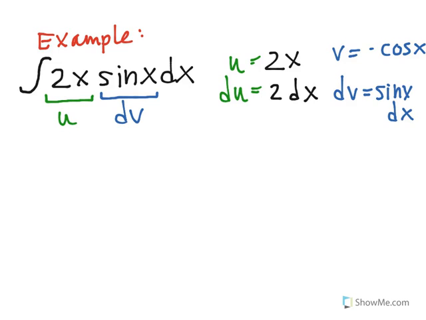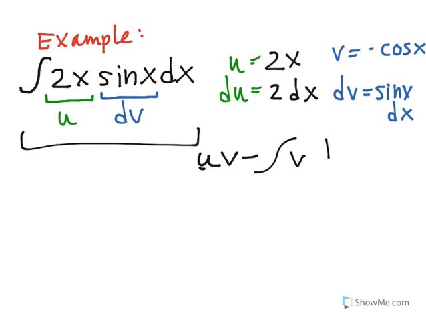Integral of u dv, no, I am so sorry. So this right here is the integral of u dv, and I'm just going to write the formula so we don't have to keep going back. It's uv minus the integral of v du. Thanks, G.